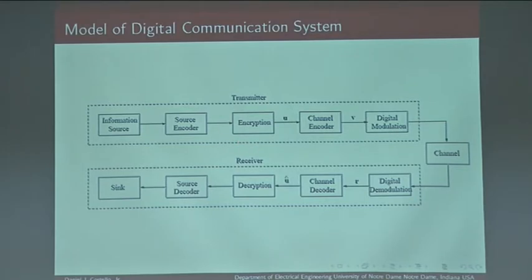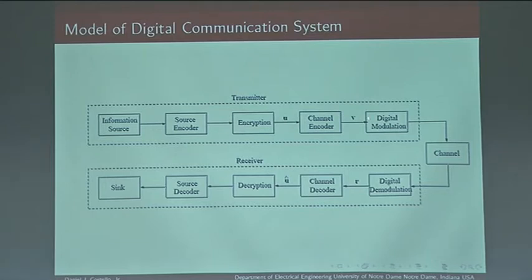And then sometimes, in some systems, you want encryption for security. And then the channel encoding is basically the addition of these parity bits or redundant bits to protect against errors. This is what we're going to focus on in this class, okay? There's some kind of modulation which prepares the bits; from the source encoder output to the channel encoder output, it's all kind of in the binary domain.